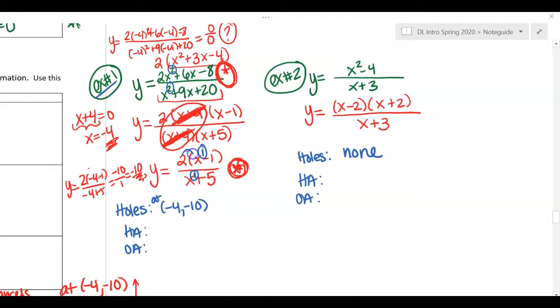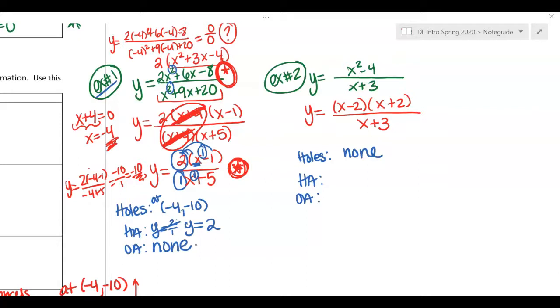So if you distributed this 2, this x would have a 2 in front of it in the numerator and a 1 in the denominator. And so that means the horizontal asymptote for this function is y equals 2 over 1, which we would normally write as y equals 2. And that means it does not have an oblique asymptote, because the ends are horizontal, they can't go to infinity and negative infinity.